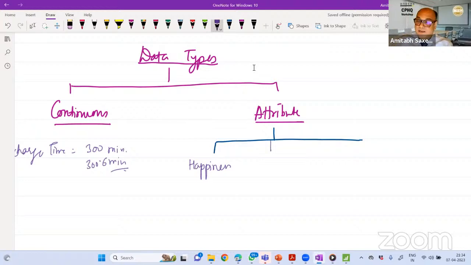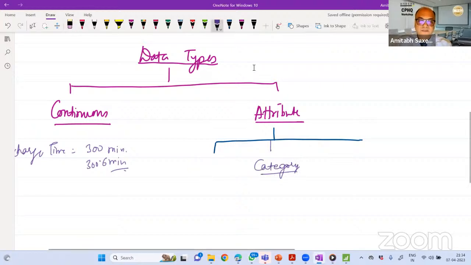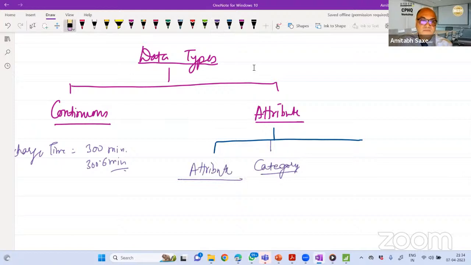What is the best way to measure anything? Please create categories of that attribute. So if, instead of writing happiness here, I write the attribute which I want to measure, you'll get a full model of how to measure anything, whatever your boss wants you to measure.